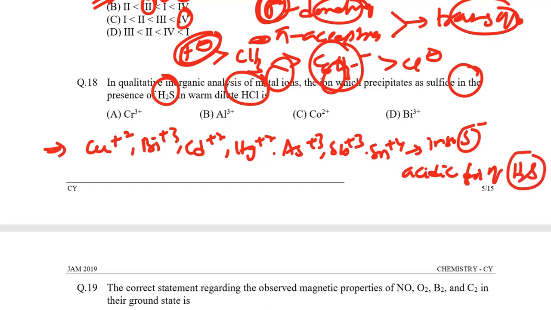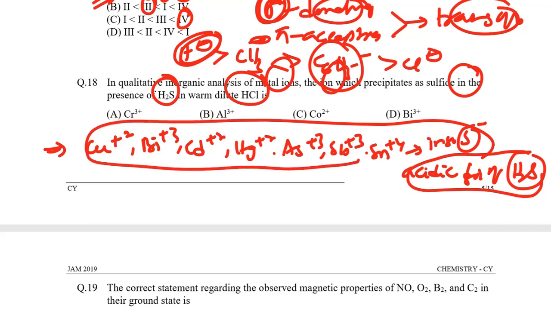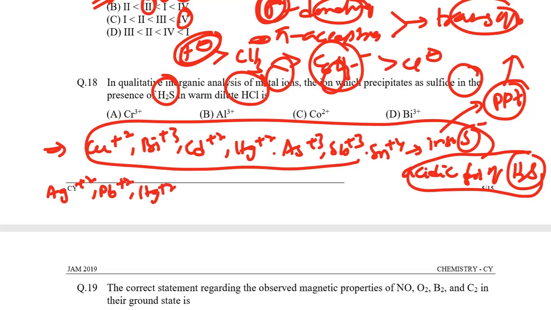Okay, whenever you add acidic solution of hydrogen sulfide to all of these metal cations, they will be precipitated and can be separated from the solution. Okay, right. And next group we can see here: silver plus, Pb plus 2, mercury plus 2.